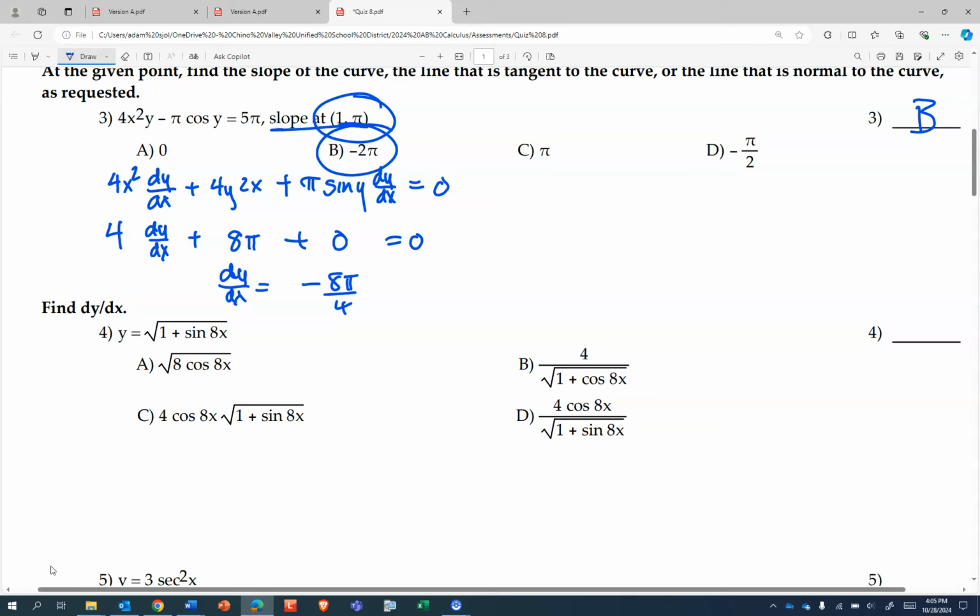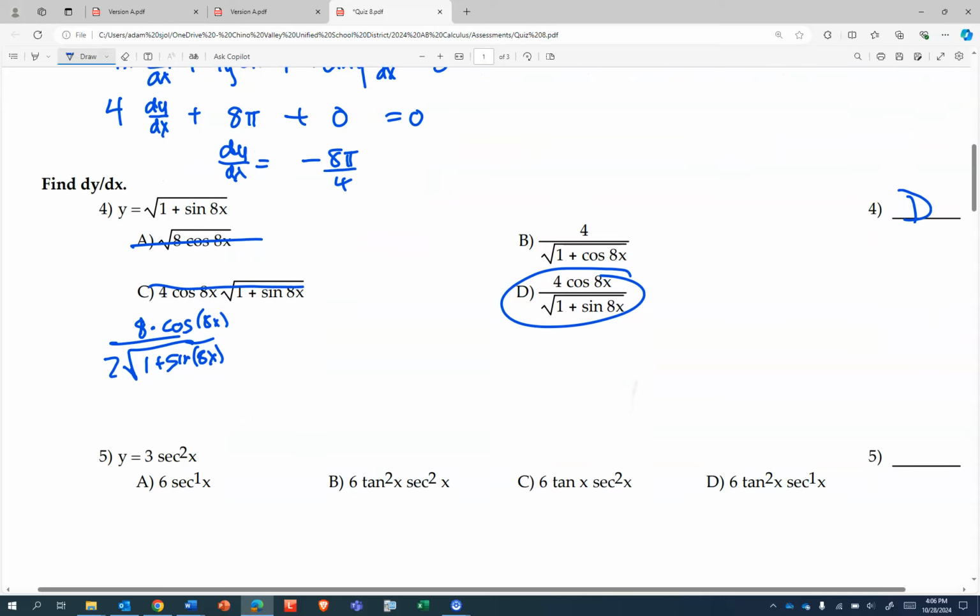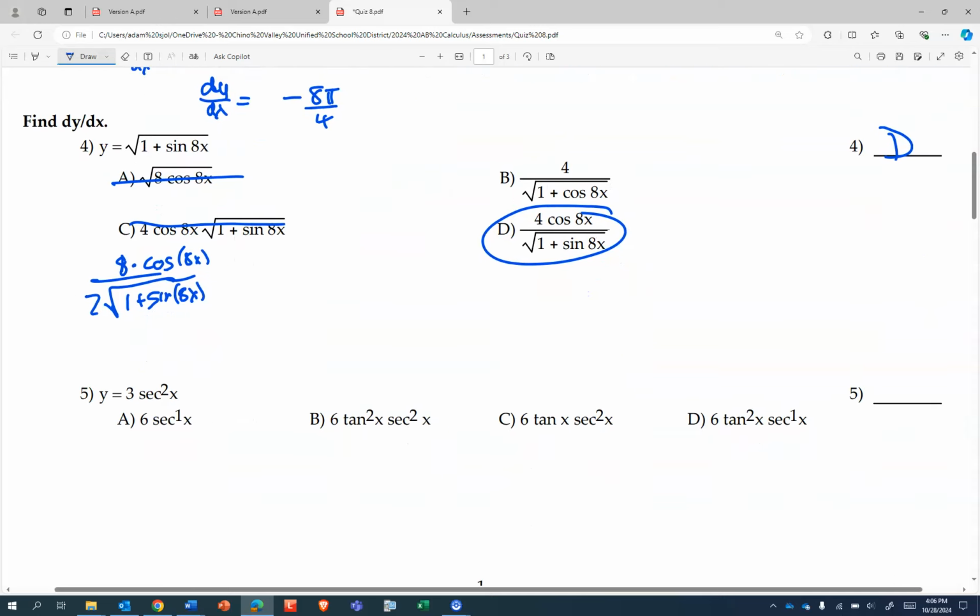So I told you guys to memorize this derivative, 1 over 2 root stuff. And hopefully you did. Sine of 8x, and chain rule times cosine of 8x times 8. No. There's only one that's close. I'm not reading the answers too clearly or too carefully.